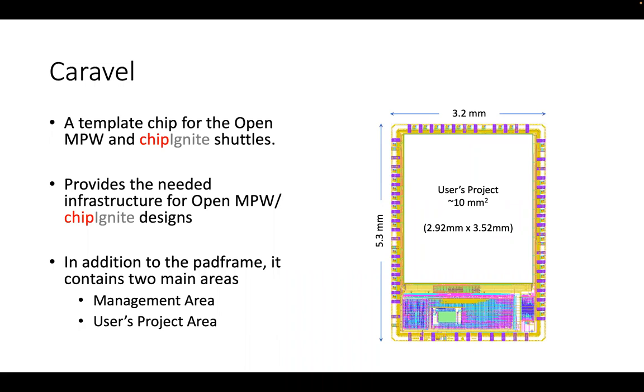And in addition to the pad frame, it contains 2 main areas, the management area and the user's project area. The user's project area is around 10 millimeter squared, and the whole chip is around 17 millimeter squared. So the user's project area is actually 2/3 of the whole chip.